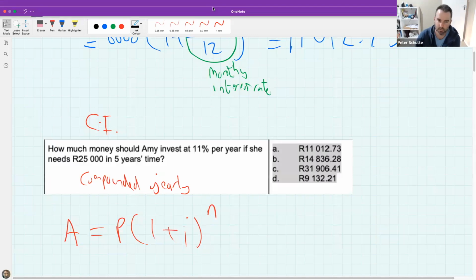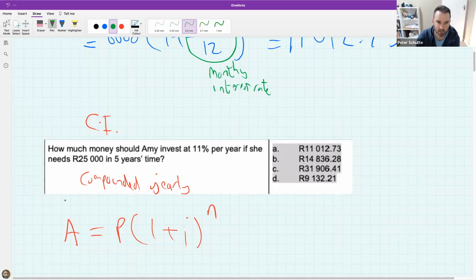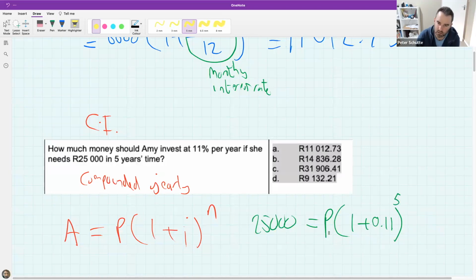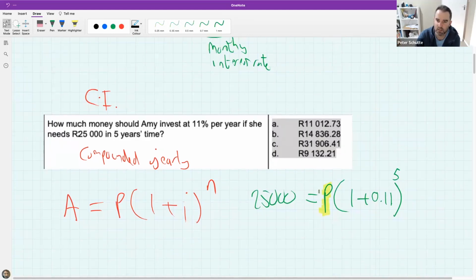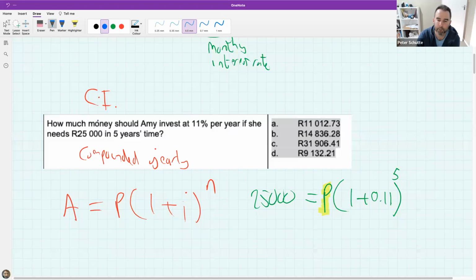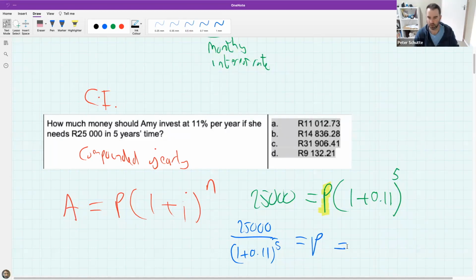What do we think? I suppose we can start by putting the values in that we know. So we know we need to end up with 25,000. We know the interest rate must be 11, and dividing by 1 wouldn't do anything, and this needs to be 5. And we need to figure out what P is. But I know that I can bring this whole thing across, because if it's times on the one side, it's divide on the other.